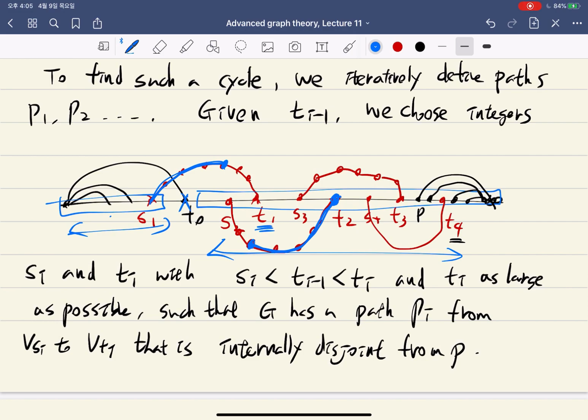But how did we choose T1? We chose the one which maximizes T1. That contradicts the maximality of T1, because if we take this path, if these two vertices are the same, then we could arrive at a further point, but we assumed that this T1 is as far as we could get. So that shows that these two paths are actually disjoint. They don't share any vertex.